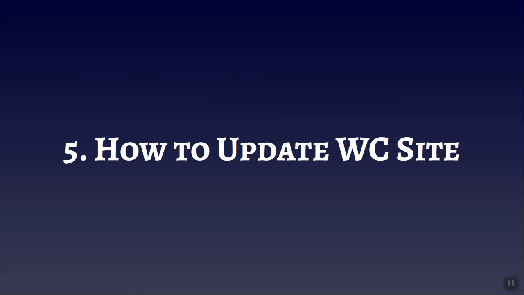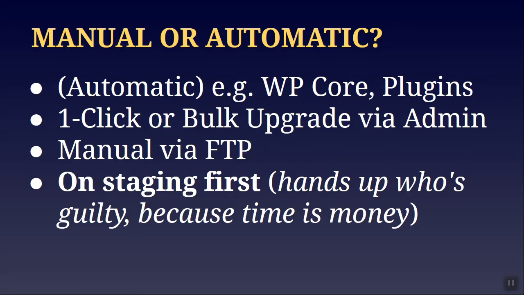Now, let's take a look at the 6 steps to update a WooCommerce site. First of all, should the update be done manually or automatically? Well, you already know that by default WordPress updates itself. Some plugins now do too if you enable it from the dashboard.